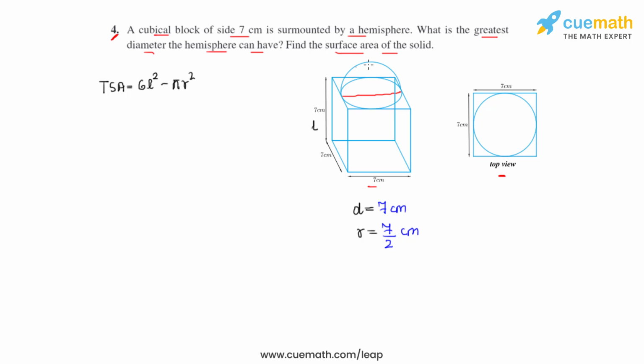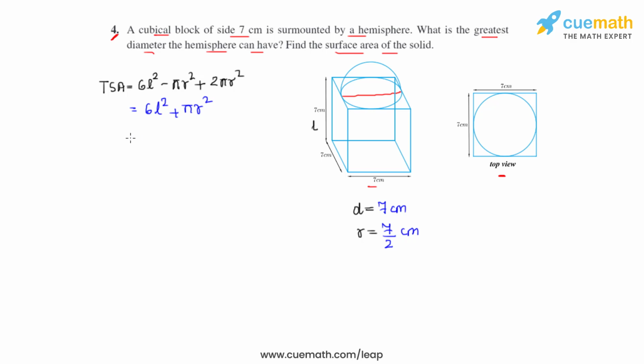Now, the curved surface area of the hemisphere will also be taken into consideration. So we'll have to add the curved surface area of the hemisphere, which will be 2 pi r square. Now on simplification, we can write it as 6L square plus pi r square.